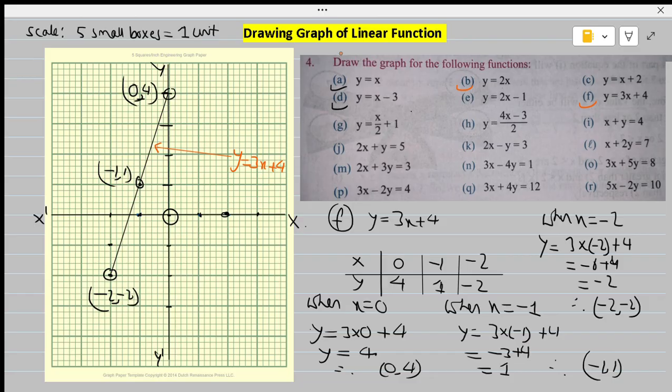Now I go with number h. Okay, so I make this clear.